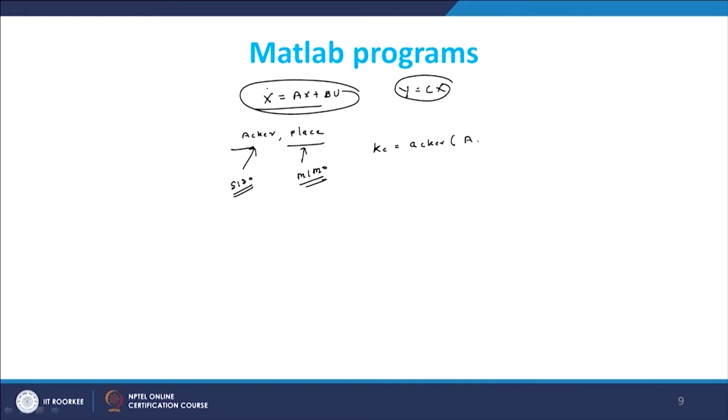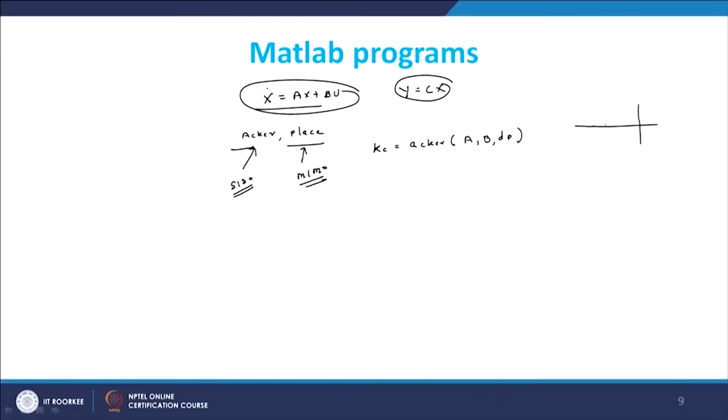the A matrix, B matrix, and DP, where DP is the desired pole. That means the locations at which we want the poles. For example, if you want the poles at say -1, -2, then DP is [-1, -2], and if you use this command directly you will get the controller matrix.